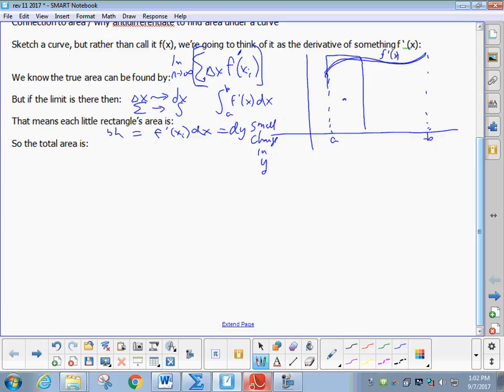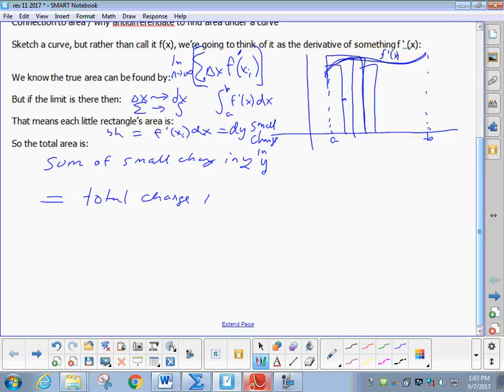So if I then add all those areas, I'm getting the sum of many small changes in y, which I suppose logically means the total change in y. The original function that was before the derivative.